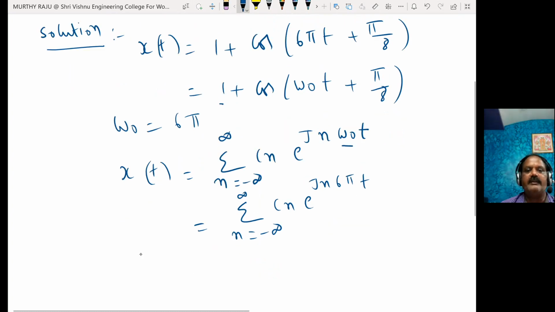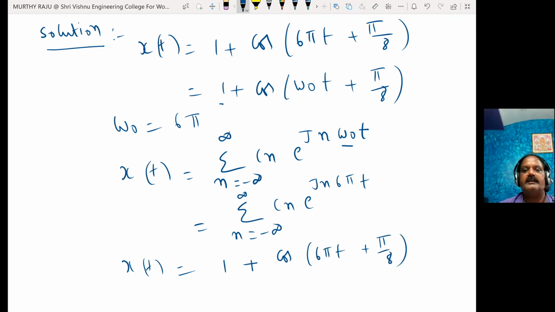But the given signal is x of t is equal to 1 plus cos 6 pi t plus pi by 8.